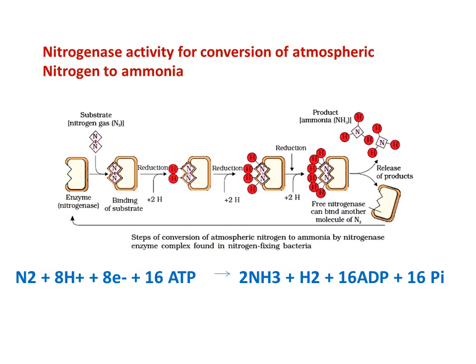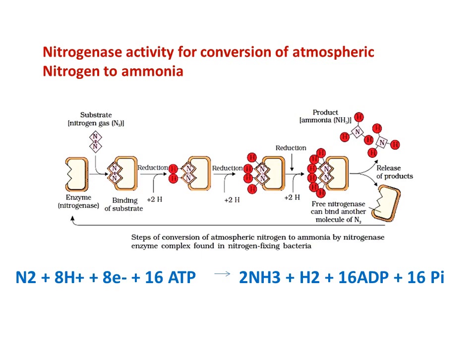So that constitutes the product called ammonia. At the same time, hydrogen is also released. This hydrogen is recycled again by the involvement of the enzyme hydrogenase, which is involved in the recycling of the hydrogen which has been released.